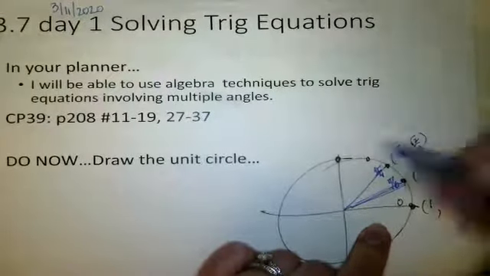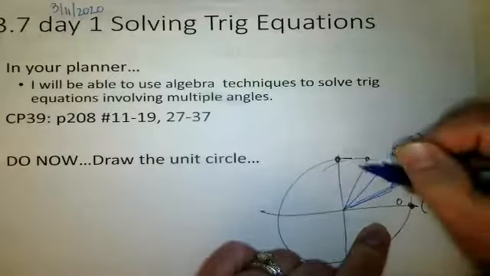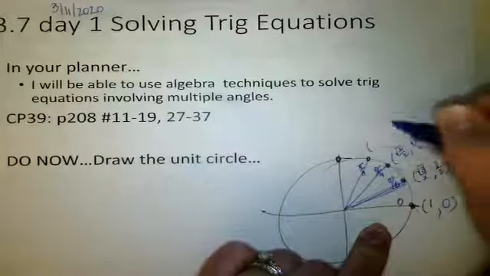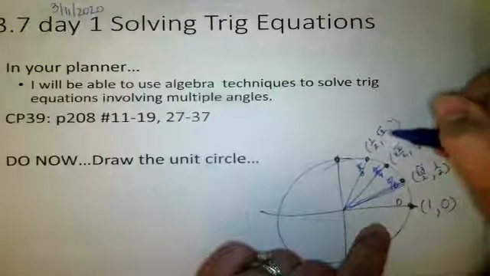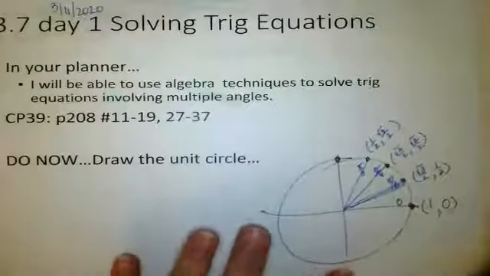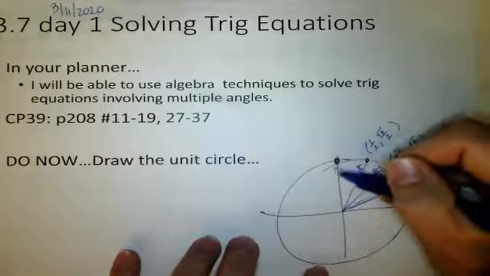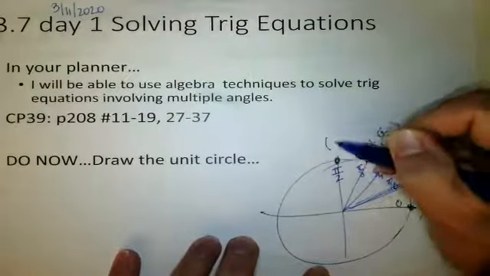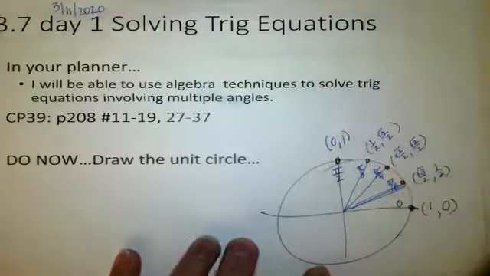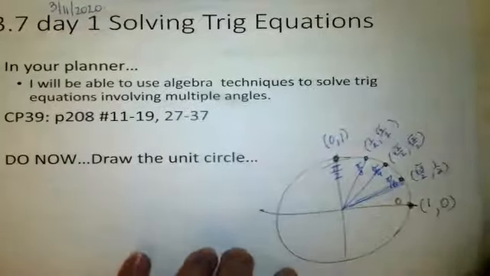Good. Up here is pi over 3, 1/2 comma radical 3 over 2. And then right here would be pi over 2, and that ordered pair is (0, 1). Very good.